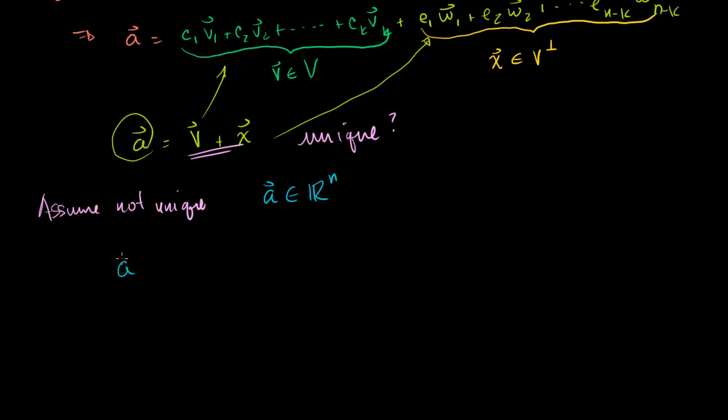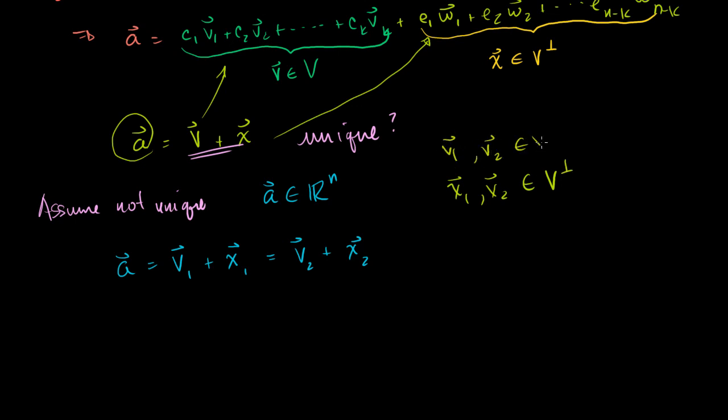I could represent it as equaling some member of my subspace V plus some member of the orthogonal complement of V. Or I could represent it as some other member of my subspace V plus some other member of my orthogonal complement. The x's, so x1, x2 are members of V perp, and then v1 and v2 are members of V.